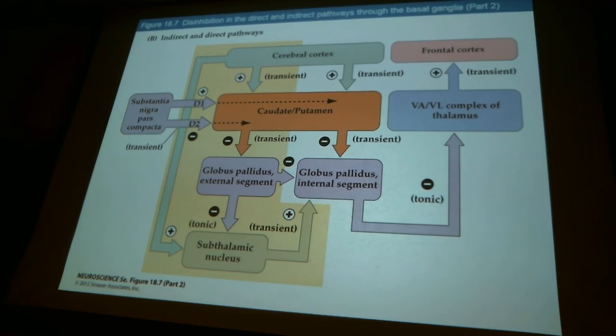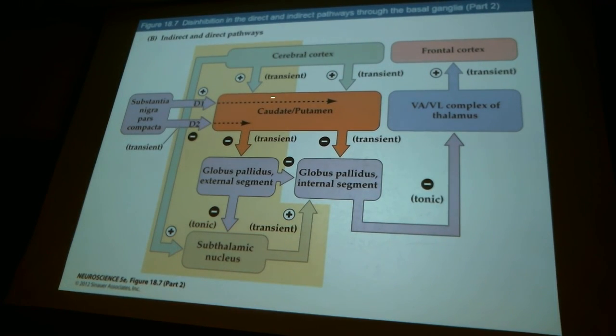Okay, so I told you that substantia nigra pars compacta is dopaminergic and provides a dopaminergic input. But the same dopamine has different effects depending on the receptor. There are two receptors, D1 and D2.